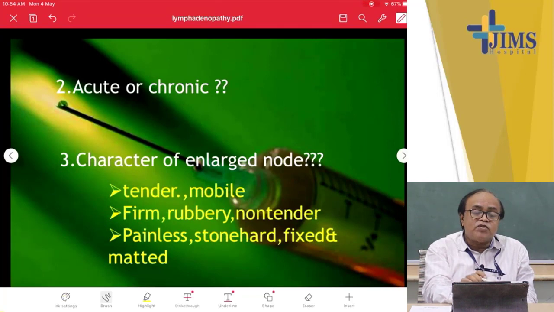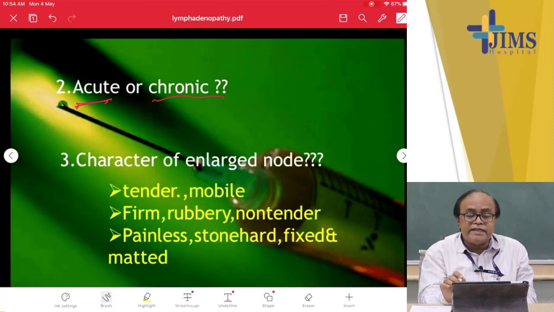and whether this swelling is acute or chronic, whether this swelling has appeared very recently or it is there for a long time and slowly increasing in size. Then character of the enlarged node.